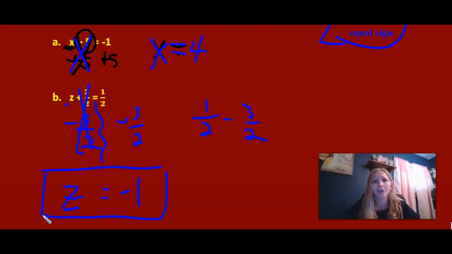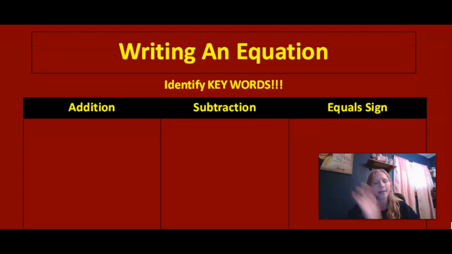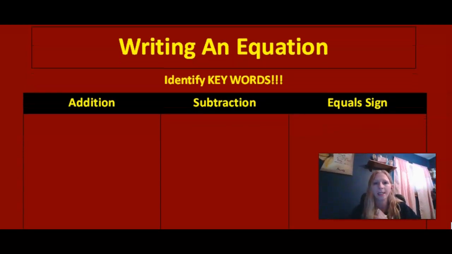Now let's start talking about that second objective, writing equations. Before we do that, we have to first be able to identify some keywords. So we have this little chart here, and we're going to utilize this little chart.